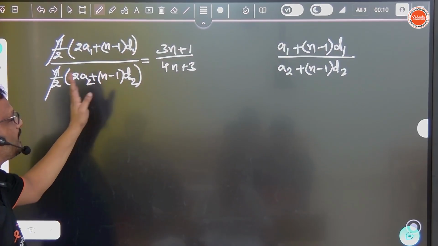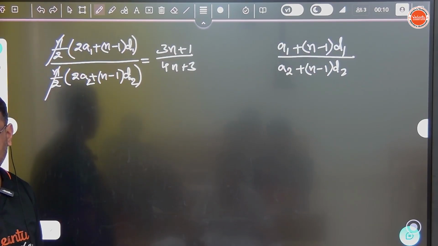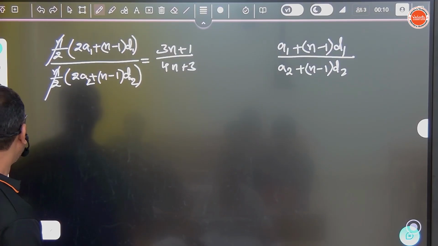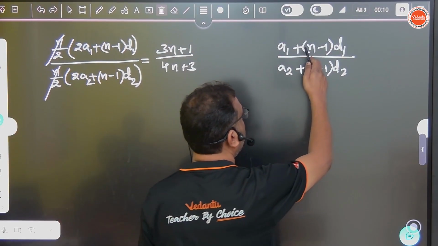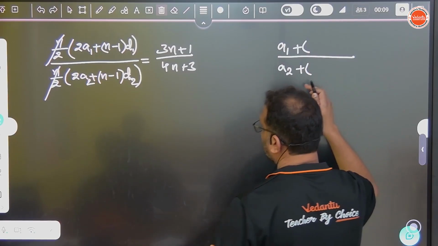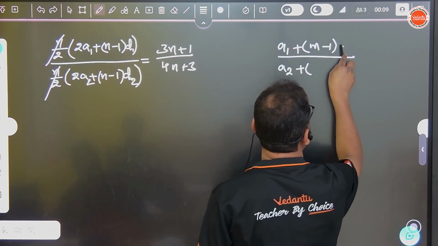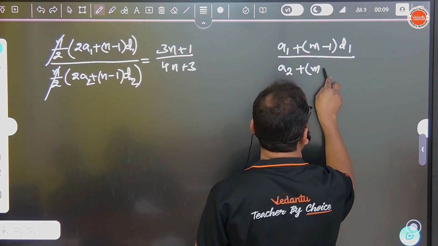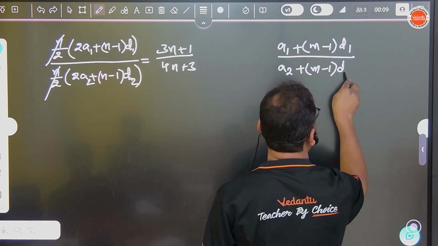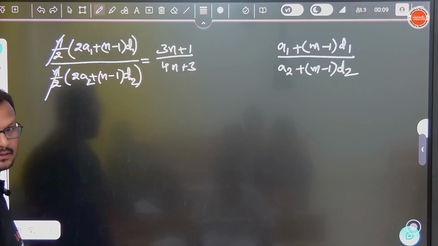So how will we get that format here? Where is the difference? The 2 should not be there. So we have to eliminate 2. Okay, I'm just taking a different value here. So the nth term, right? m minus 1 into d1, m minus 1 into d2. Now just eliminate 2 from this part.